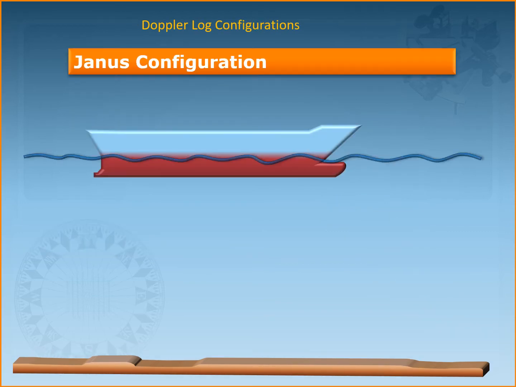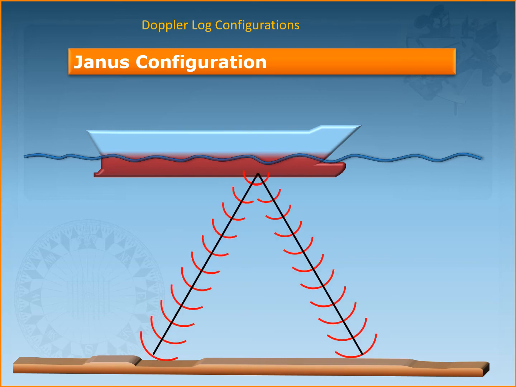So in Doppler log configuration, one of the popular configurations used is the Janus configuration. In Janus configuration, we have two beams that are used. One beam points forward and one beam points aft. This is done to eliminate some of the errors which exist with this log due to the pitching of the vessel.